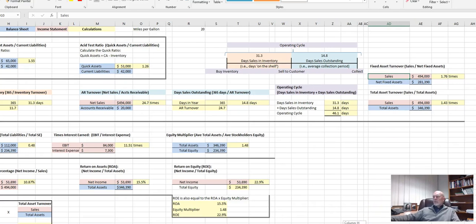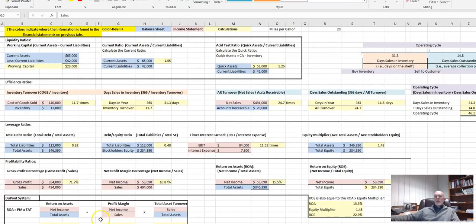Okay, let's move down to the next category, which are leverage ratios. A company that is using financial leverage is using debt to help generate growth, and hopefully they are using those borrowed monies to invest in profitable opportunities that are generating more profit than the debt is costing.